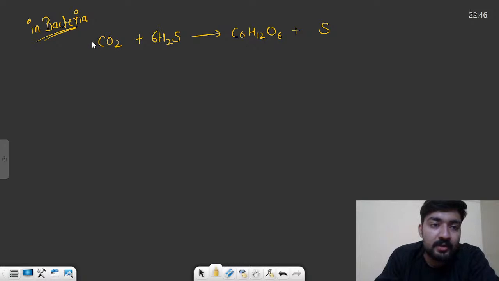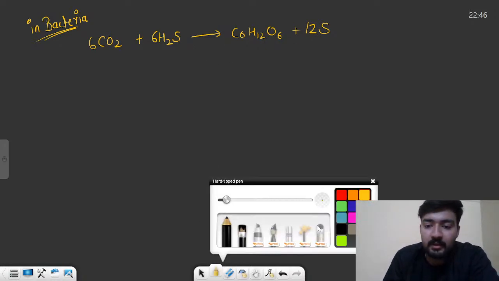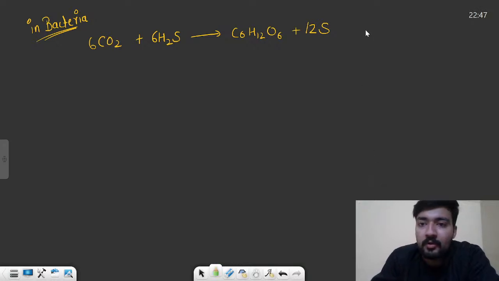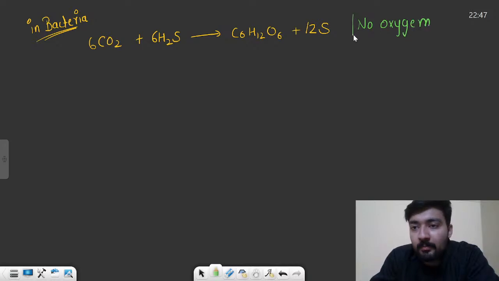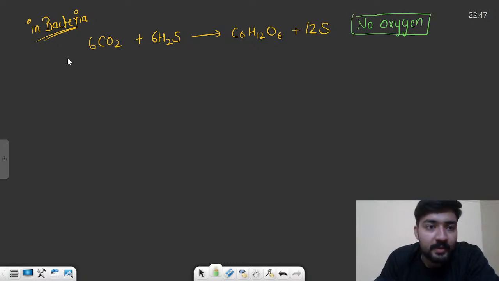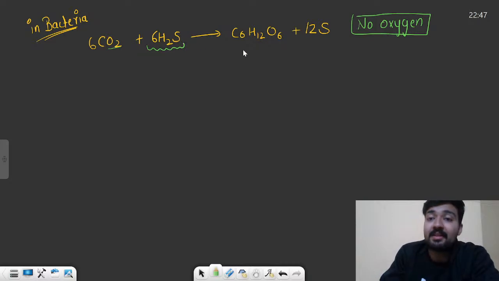So 6CO2, 12H2S, giving C6H12O6 and 12 sulfur atoms. This is how photosynthesis in bacteria works, and no oxygen is released, right? Which means that oxygen cannot come from CO2, because we have given CO2 but still no oxygen is found. What we have changed is we have given H2S instead of H2O.